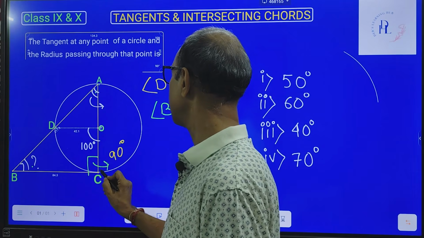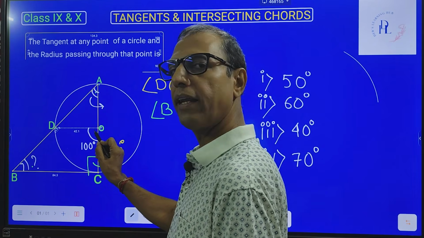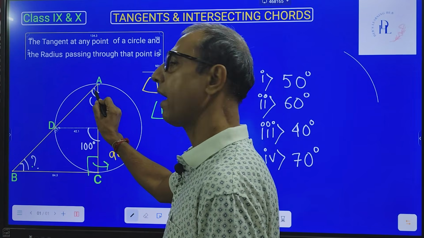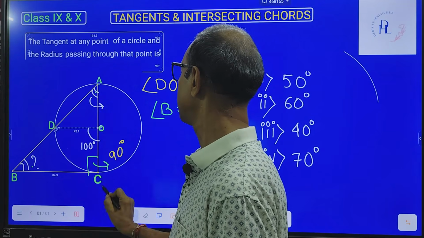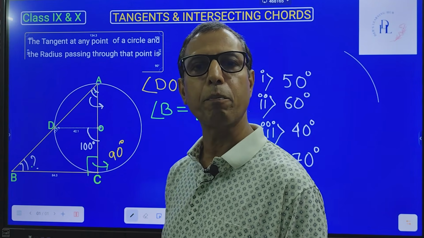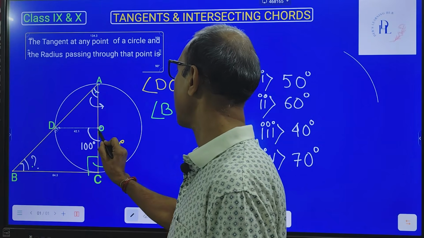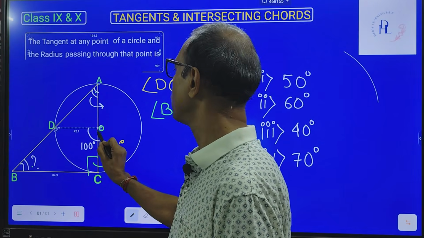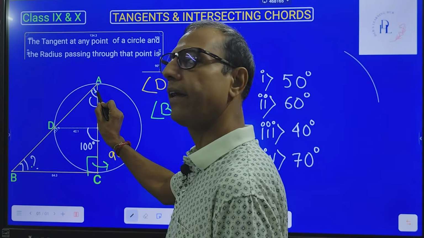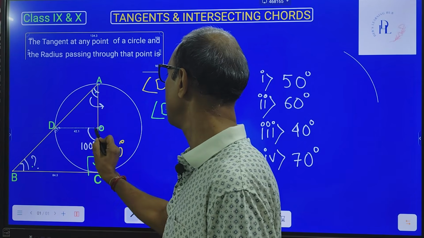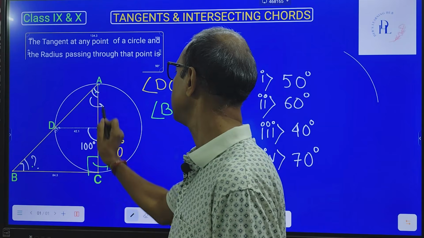Arc CD is forming an angle at the center, COD, and the same arc is forming an angle at the circumference, CAD. As per the properties of a circle, another theorem, the arc forms an angle at the center which is double the angle formed at any point of the circumference. That means COD is twice CAD.